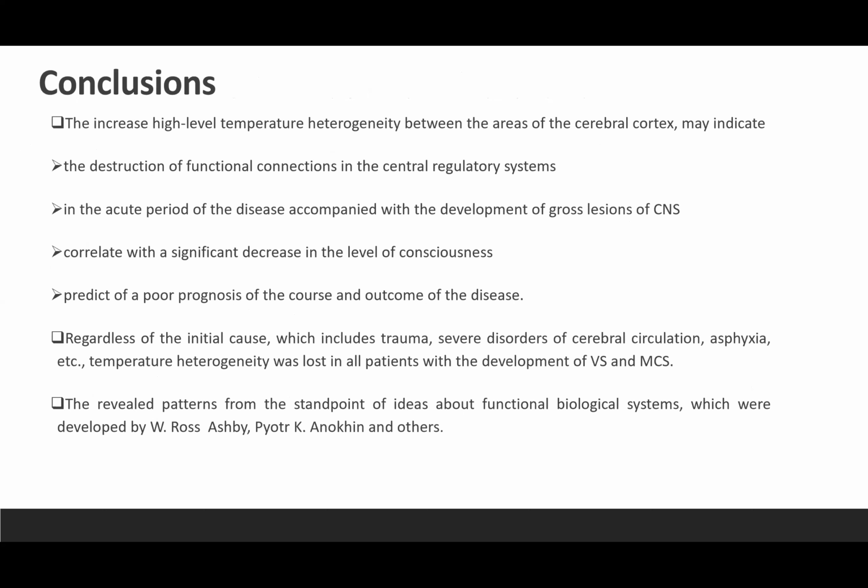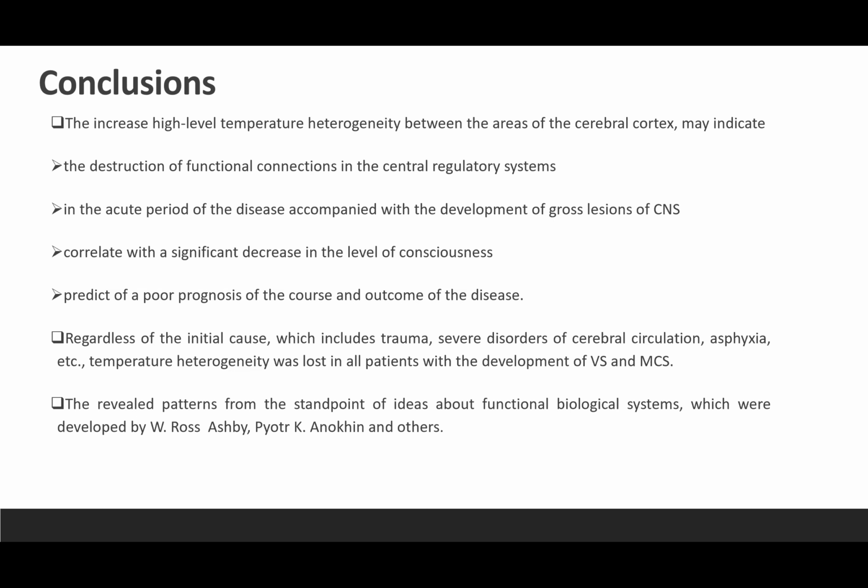Another conclusion is that an increase of the temperature difference between the areas may indicate the destruction of functional connections in the central nervous system. In the acute period of the disease, it's accompanied by development of focal lesions and correlates with a significant decrease in the level of consciousness, predicting a poor prognosis for the outcome of the disease.